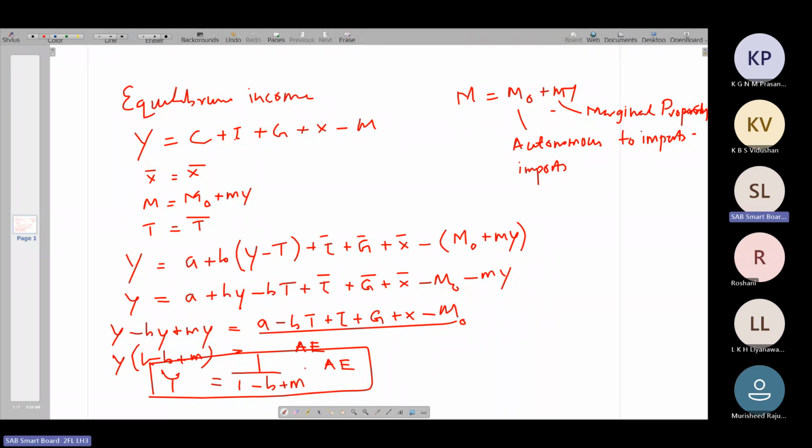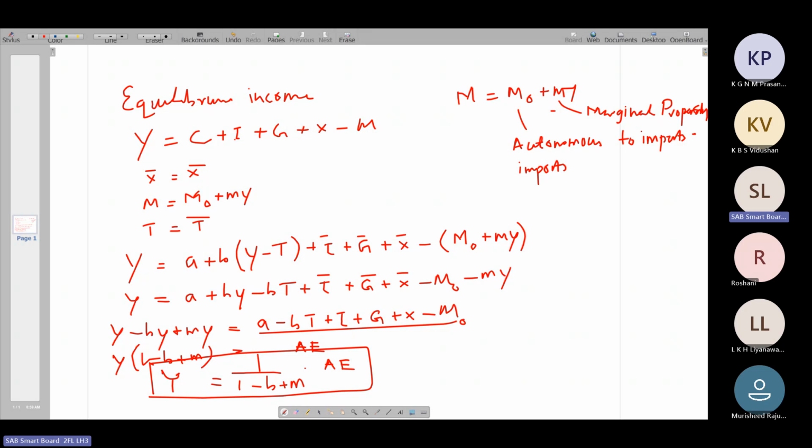Under the Keynesian income determination model, the open economy denotes exports and imports, trade aspects only, not capital flows. That will be covered later when we extend this model further.